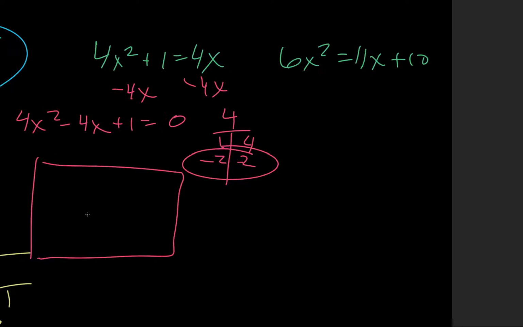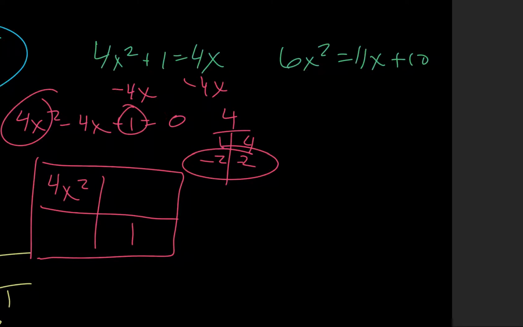We draw a box, put this one and this one in the box in these spots. And then what we're going to do is split this into two terms based on this. So it's negative 2x, negative 2x. Doesn't matter where you put those two, even if they were different.